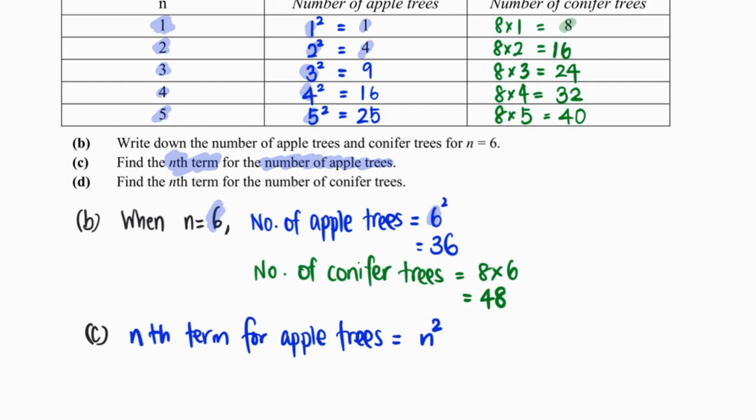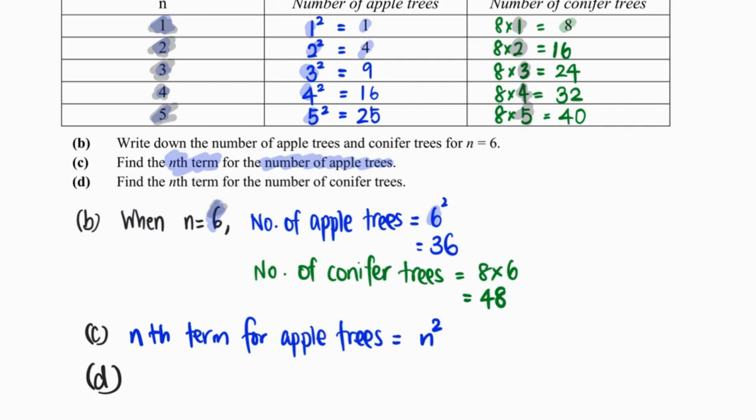Part D, the last part. Now we have, when n is equals to 1, 8 times 1. When n equals to 2, 8 times 2. When n equals to 3, 8 times 3. 4, 8 times 4. 5, 8 times 5.